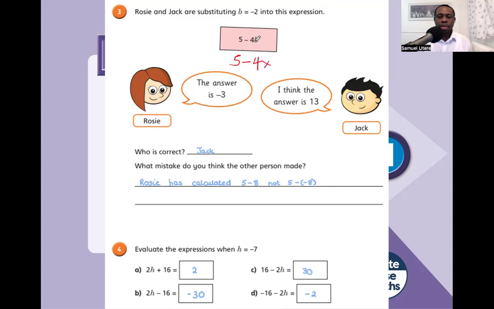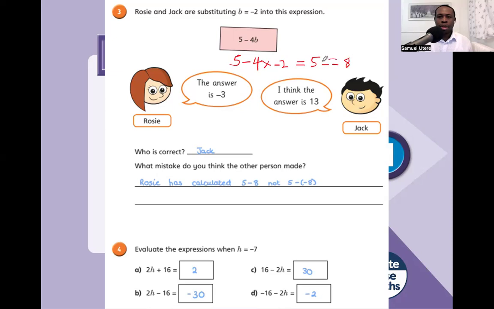So this means 4 times B. So 4 times -2. So what you should have now is, remember, if you were to do the order of operations, you have to do the multiplication first. So this becomes 5 minus 4 times -2 is -8. So that is what it should look like.